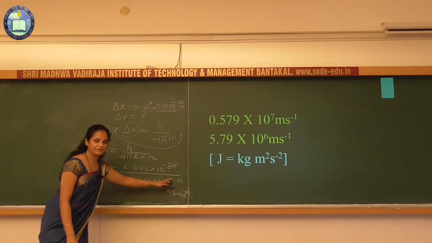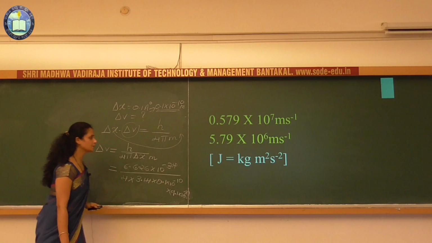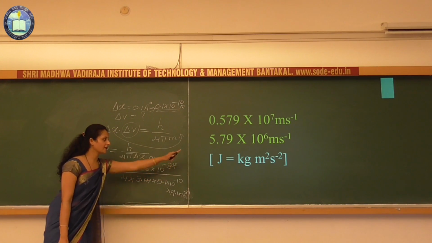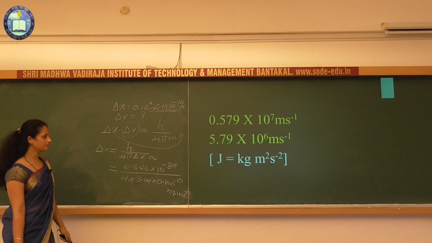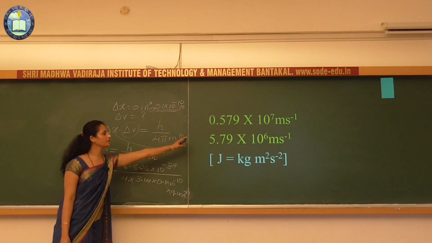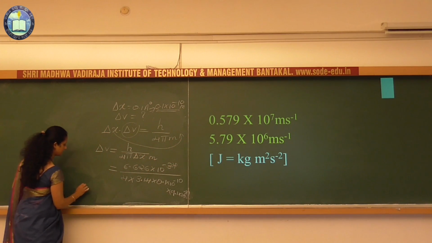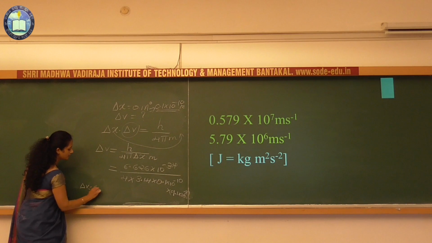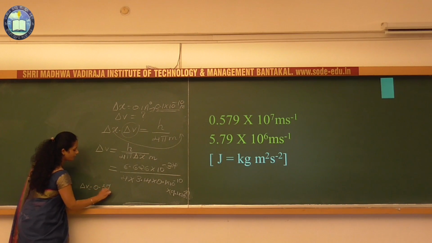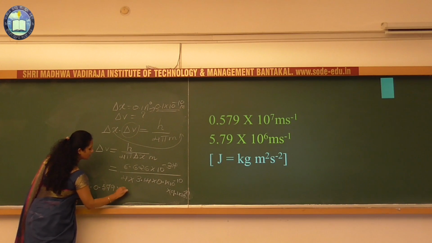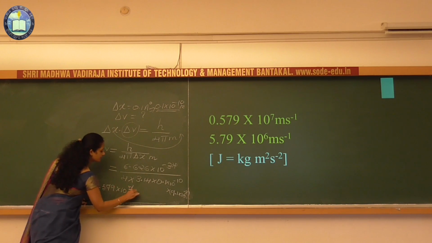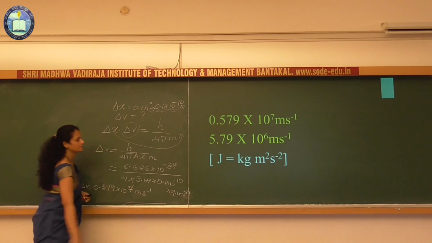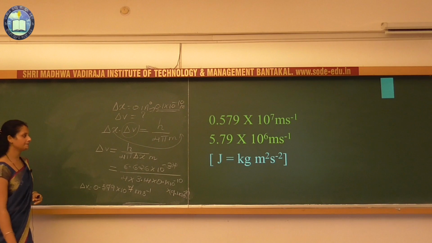We have to simplify these powers as well as values. For the unit simplification, use joule is equal to kg meter square per second square. After the simplification, we get delta v is equal to 0.579 into 10 to the power 7 meter per second, which is the unit of velocity.